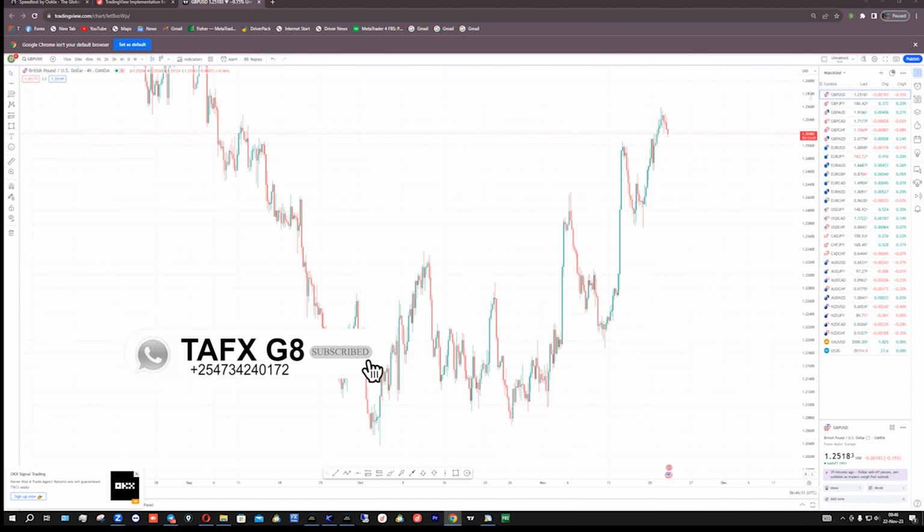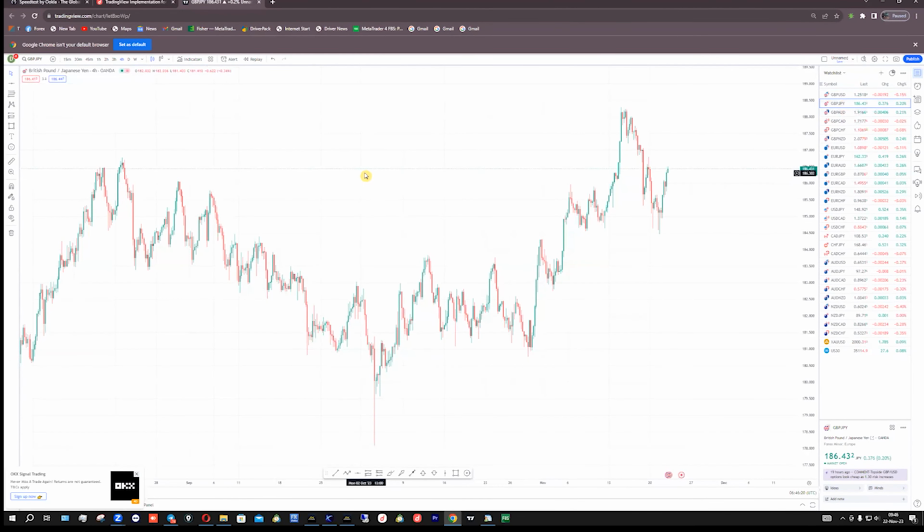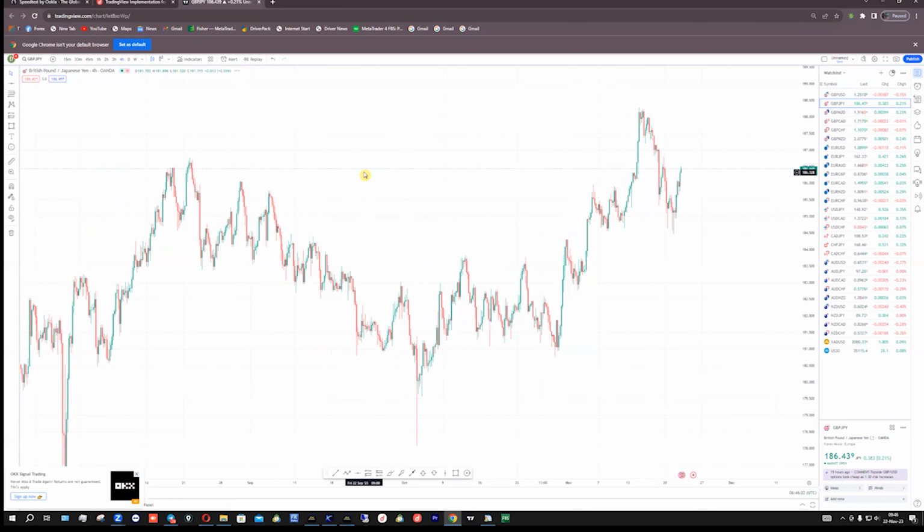So let us begin. Let us pick any pair. Okay, we can pick the GBPJPY here. And let's analyze the market according to what I shared with you about how you must first identify how to draw higher highs, higher lows, lower lows, and higher highs, to make sure that you have full knowledge of the market structure.